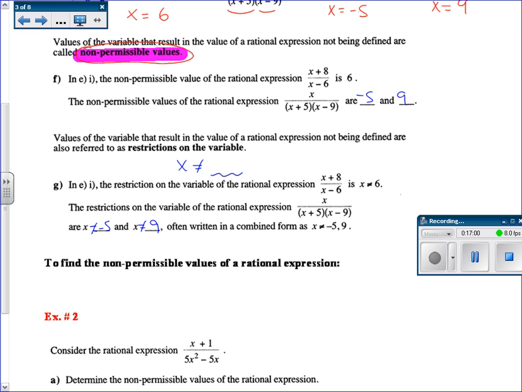So to find the non-permissible values of a rational expression, you solve an equation where the denominator is equal to 0.